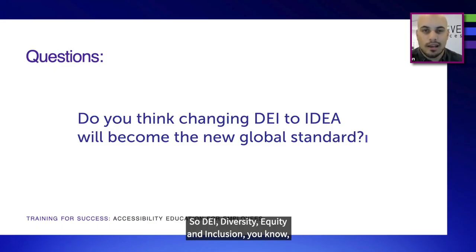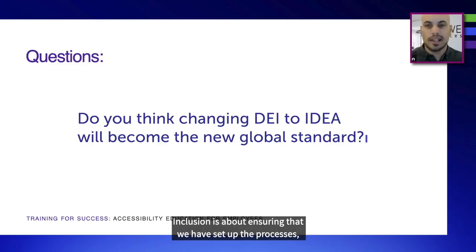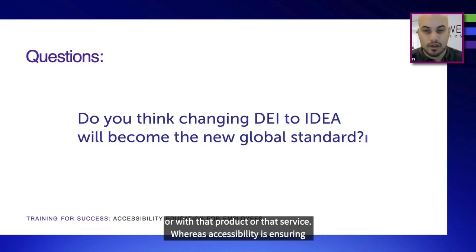So DEI, diversity, equity, and inclusion. We do think about inclusion and accessibility often in the same breath, but they are different, right? Inclusion is about ensuring that we have set up the processes and the approaches to ensure that everyone is able to perform their job functions and participate in that workplace or with that product or that service. Whereas accessibility is ensuring that the tools and the methods for interacting with those products and services are available.